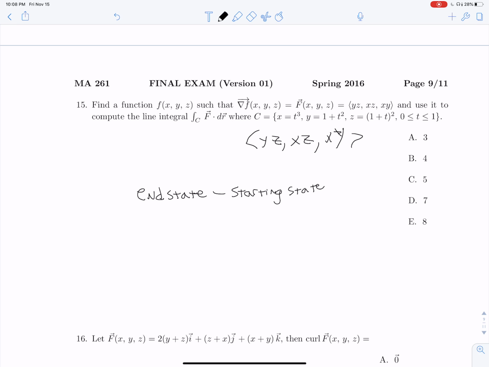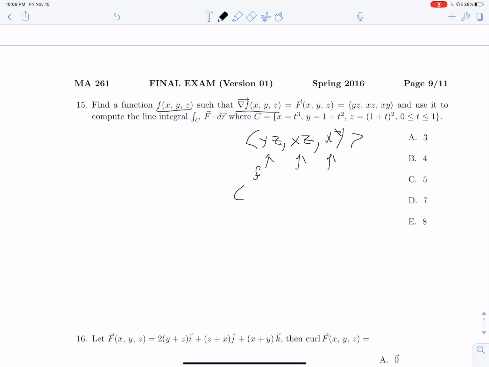And what these end states and starting states are is just plugging our x, y, and z values into our potential function f. So we got to find that potential function f. They tell us it exists, but what we have to do is take some antiderivatives here and see what pops out. So let's do that.